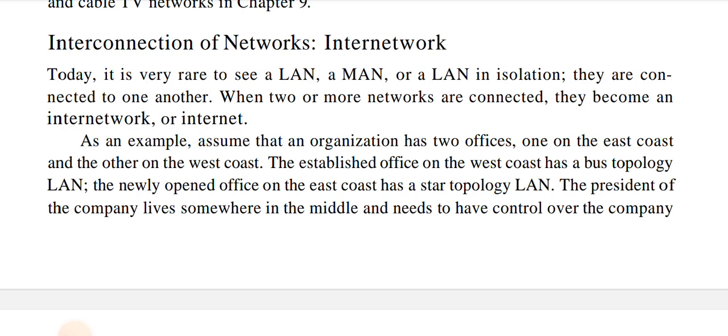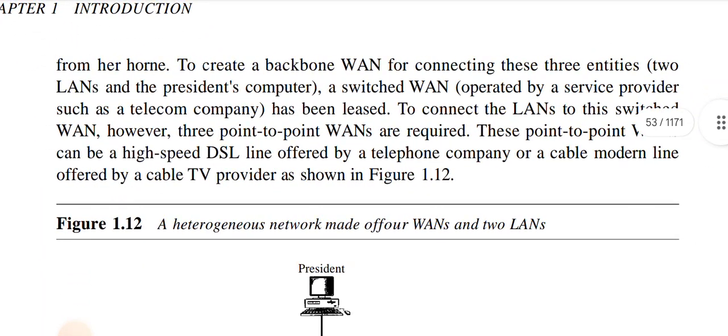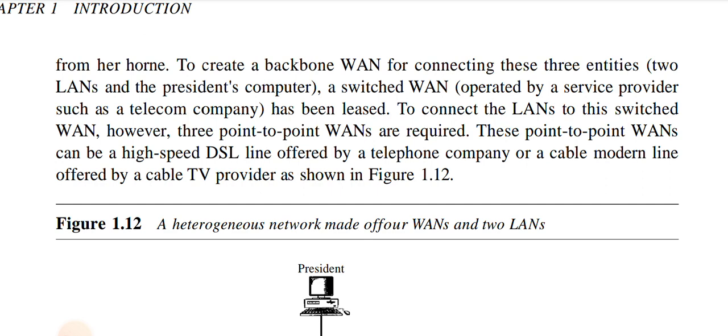The president of the company lives somewhere in the middle and needs to have control over the company from her home. To do so, a backbone WAN is created for connecting these entities: the LANs and the president's computer.